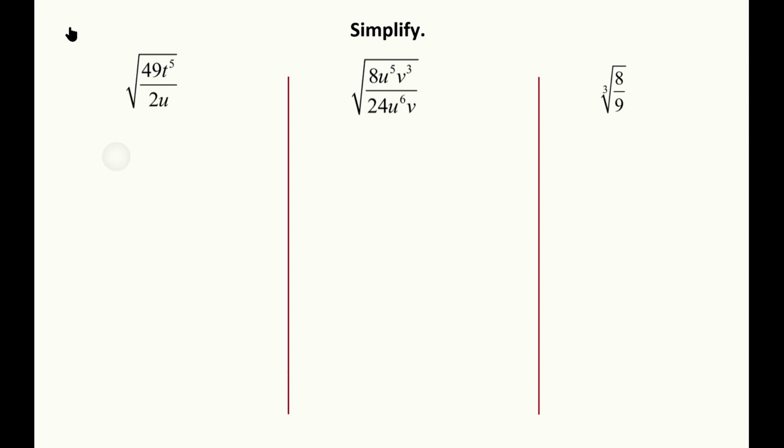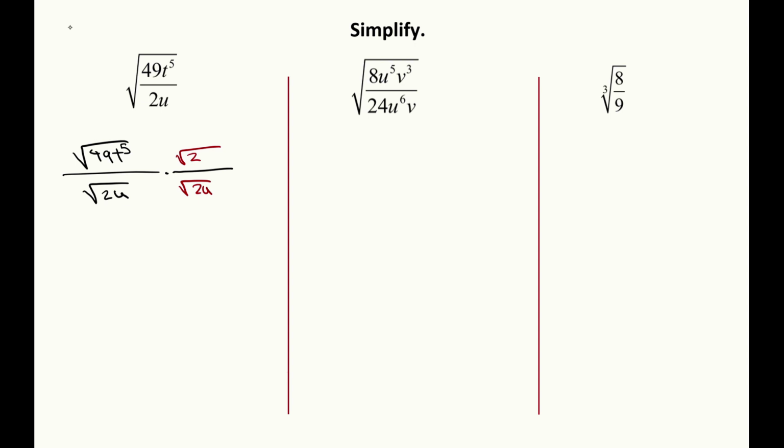Okay, so for the first one, we'll just go ahead and break it up. So we get square root of 49t to the 5 over the square root of 2u. We're just using the quotient rule for radicals to break that up. And we notice that in order to rationalize, we're going to need to multiply by the square root of 2u.